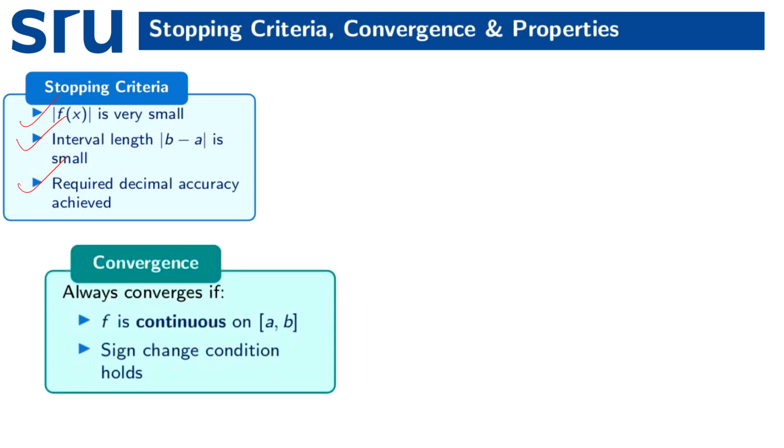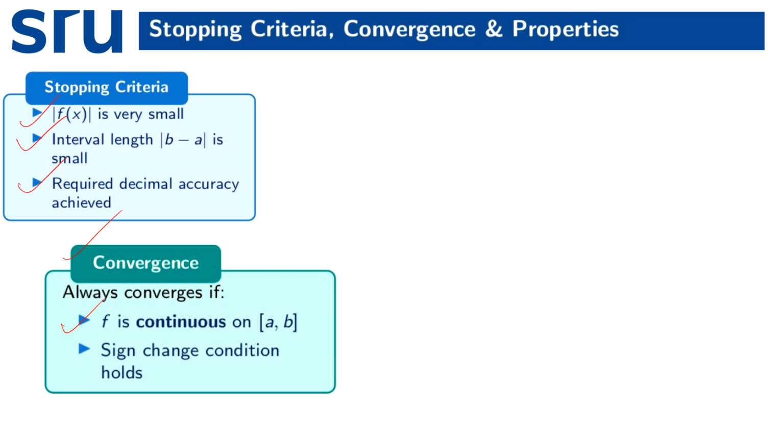Now let us move to convergence. This is one of the strongest features of the bisection method. The method will always converge provided two conditions are satisfied. The first condition is that f should be continuous on the interval a to b. And the second condition says that the sign change condition must hold.